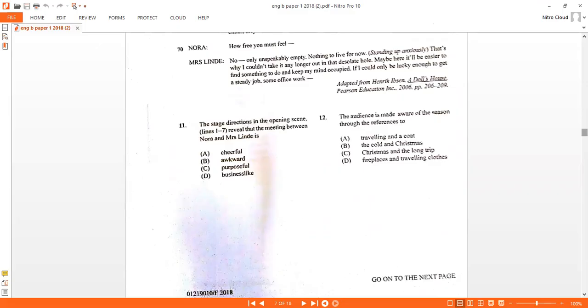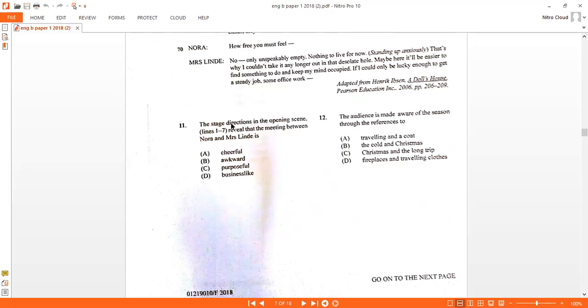Question 11 says, the stage direction in the opening section, lines 1 to 7, reveals that the meeting between Nora and Mrs. Linde is A, cheerful, B, awkward, C, purposeful, D, businesslike. Now remember, your task as a student who will be sitting the exam is to understand the question and its interpretation. Now the question says stage direction.